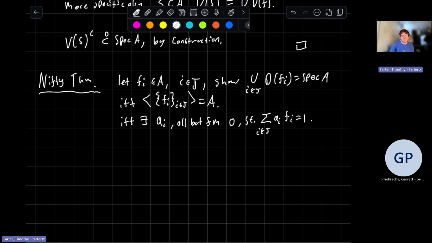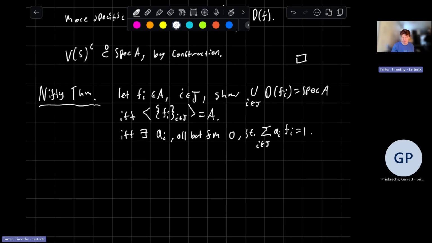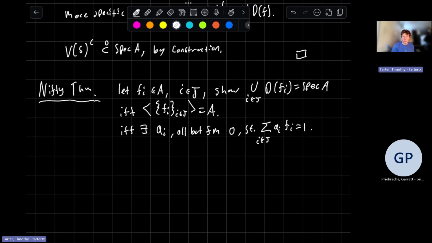Like if you let i range over the real numbers as an indexing set, and then you just picked three finite points to be non-zero, then we're saying that the sum of those non-zero terms with F_i is one.